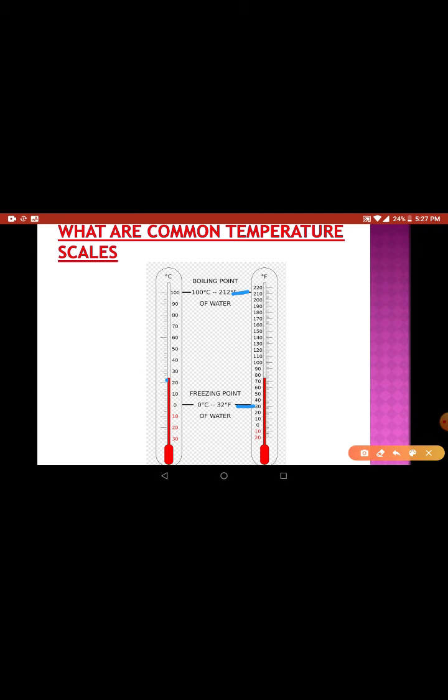Here the lower fixed point is 32 degrees Fahrenheit, and the upper fixed point is 212 degrees Fahrenheit, and the gap between these two points is equally divided into 180 equal parts.